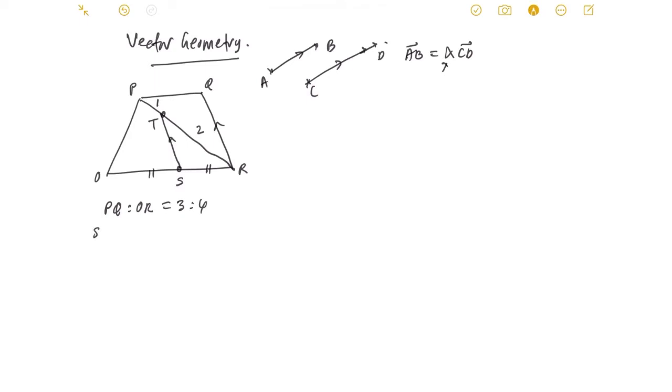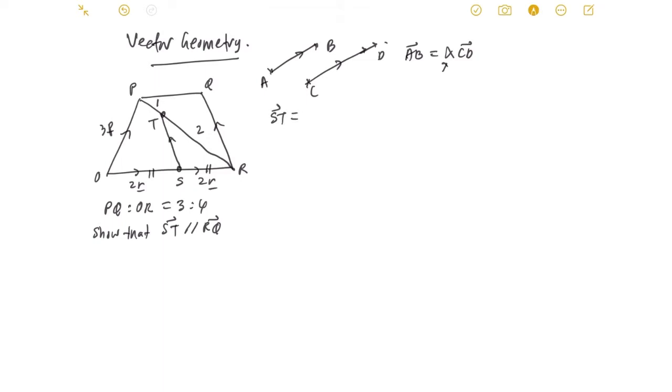How do you show that ST is parallel to RQ? Let's say OP is given as 3P and OR is 4R. So OS will be 2R, because S is the midpoint.